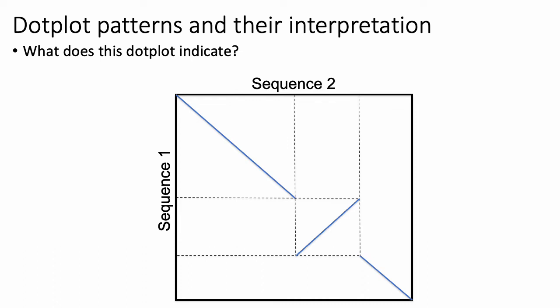Just to give you a hint, the diagonal lines at the beginning and the end of sequence 1 and 2 tell you that the start and end of sequence 1 and 2 match pretty closely. But I want you to stop the video and think about what that off-diagonal line that I boxed in dashed lines represents.